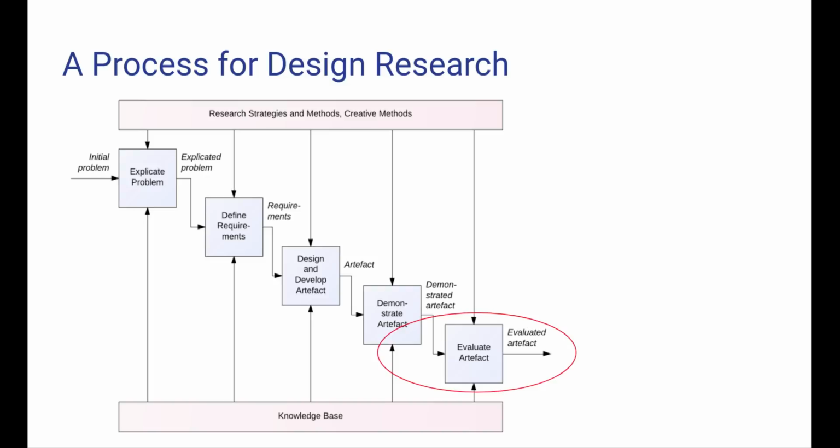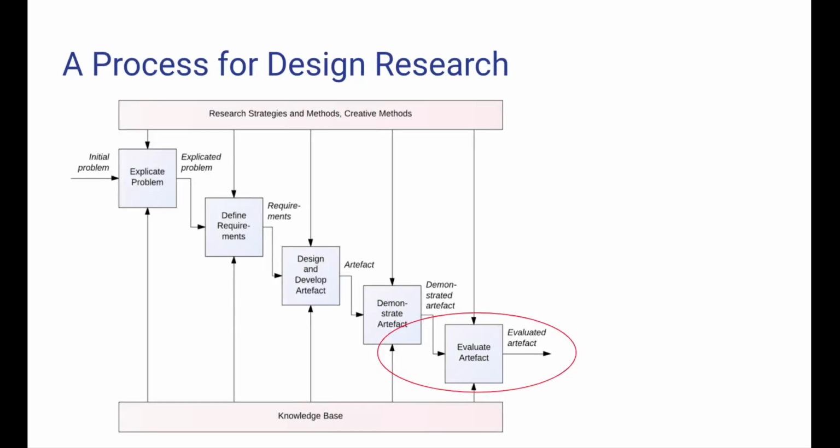Okay, here is again a diagram for the various activities in design research, the main activities. Where we are now is at evaluate artifact. What we have already done here is that we have explicated the problem, made it more precise, identified the root causes, and so on.